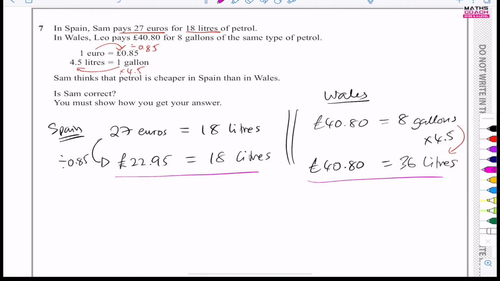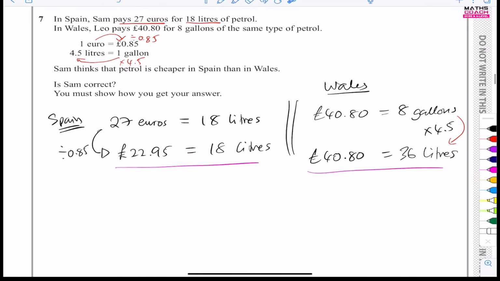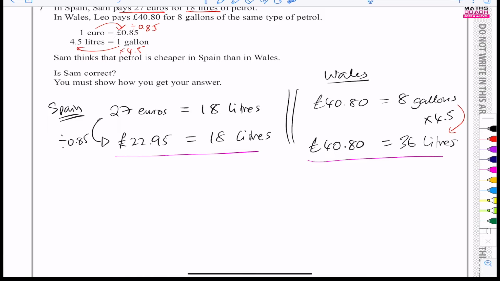Now, let's have a look at these two statements. In Spain, I'm paying £22.95 for 18 liters. In Wales, I'm paying £40.80 for 36 liters. Now, it's still not easily comparable. So what I want to do now is work out the price that you pay per liter.